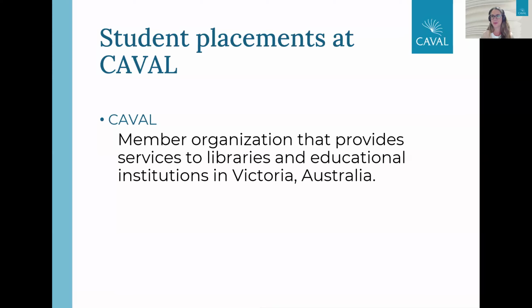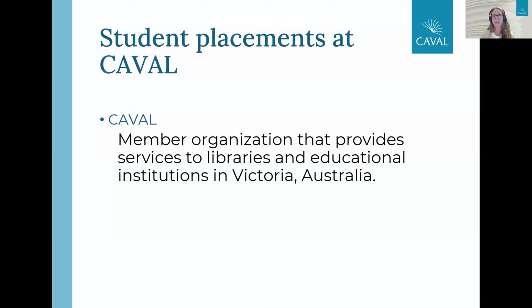I'll go into a little bit about Kaval and who Kaval is and what Kaval is. So Kaval is a member organization or a consortium of academic libraries in Victoria, Australia, and we provide services to libraries and educational institutions across Australia and New Zealand.